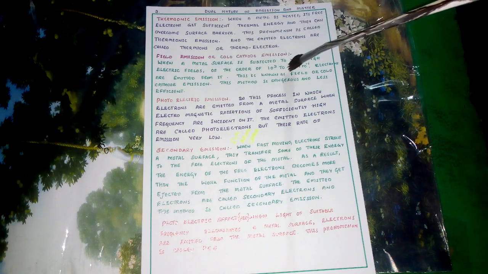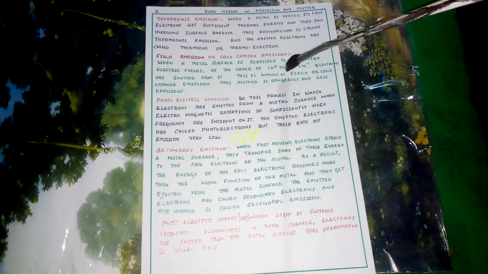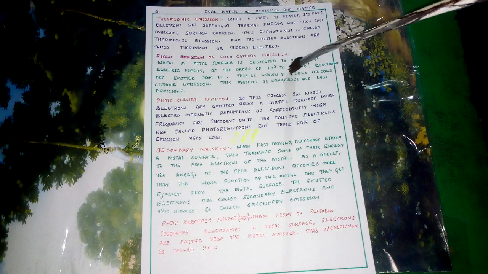So for a metal we apply a sufficiently high electric field, of the order of 10 to the power of 3 to 10 to the power of 8 volt per meter. If you place the metal in a high electric field of the order of 10 to the power of 3 to 10 to the power of 8 volt per meter, electrons are emitted from it.